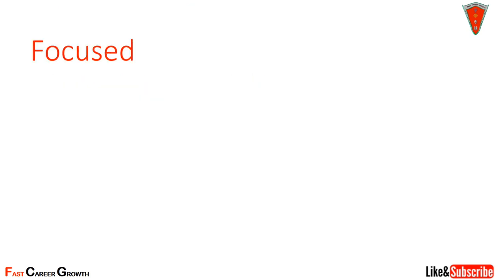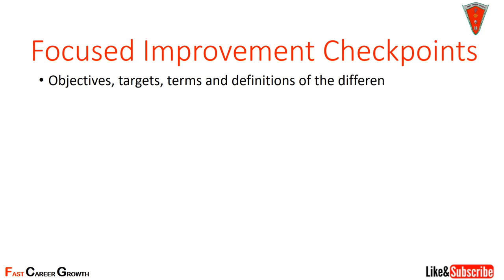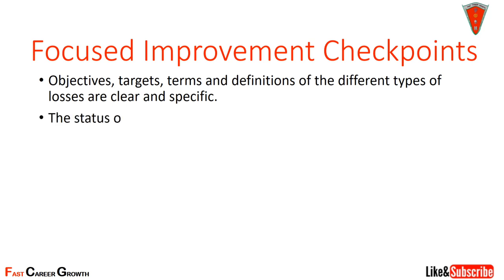So what are the key improvement checkpoints for this focused improvement pillar? Objectives, targets, terms, and definitions of the different types of losses are clear and specific. The status of production loss is available.